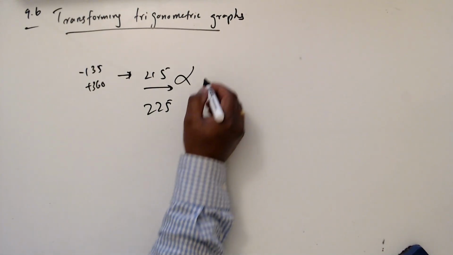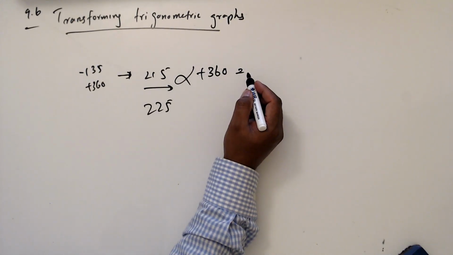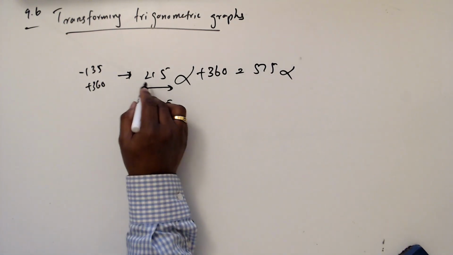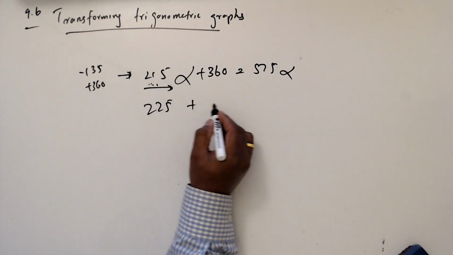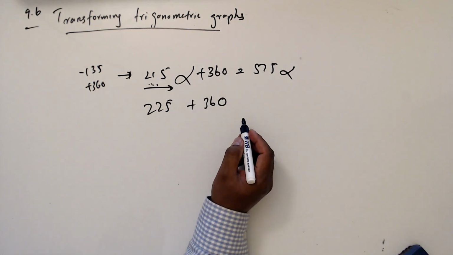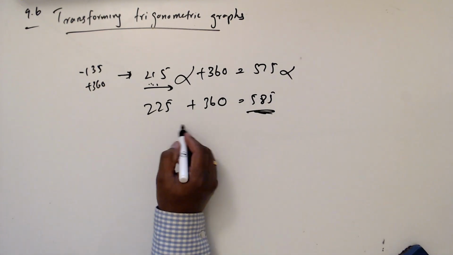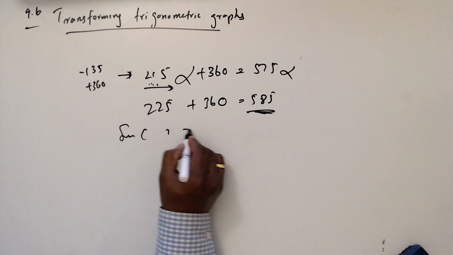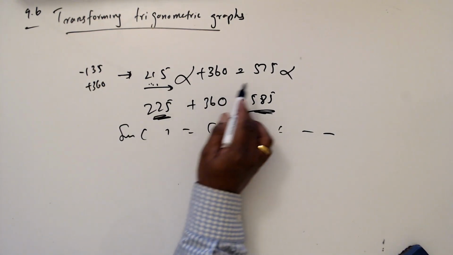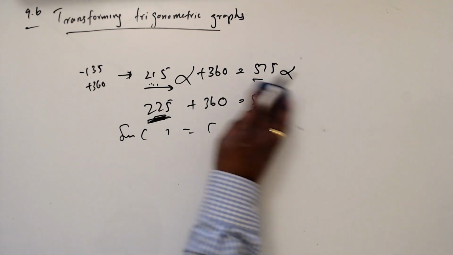Then I added 360 and answered 575, but since this is wrong, 225 plus 360 has to be 585. So the answers have to be 225 and 585.